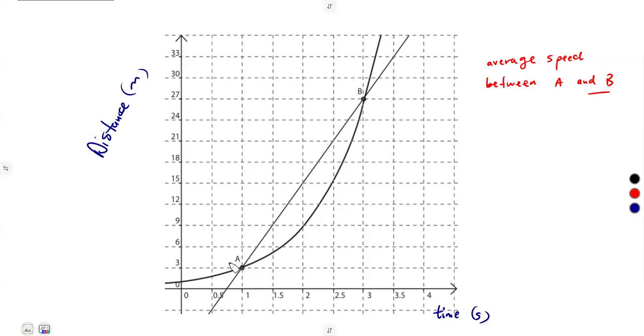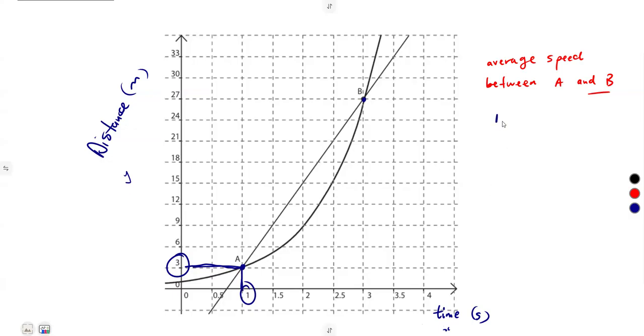So when you're already given those 2 points, A and B, what you need is to know, okay, what is the X value at A? Our X is 1, and Y value is 3. So you take time as the X-axis, and distance as the Y-axis. So X represents our time, which is in seconds, but you're just taking it as the X value, 1 versus 3.